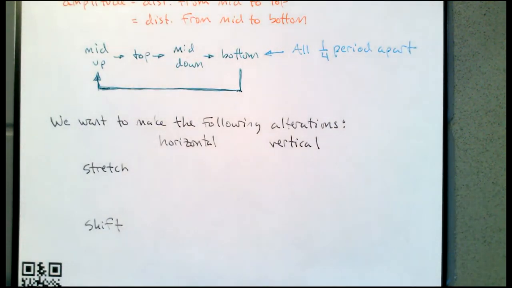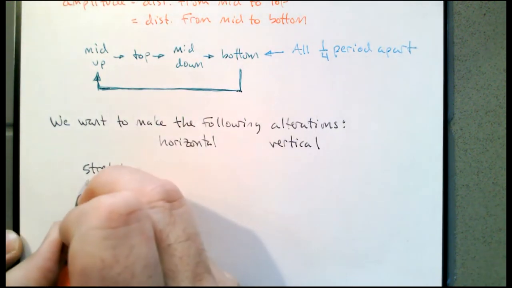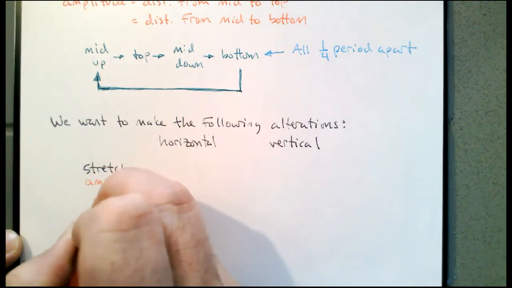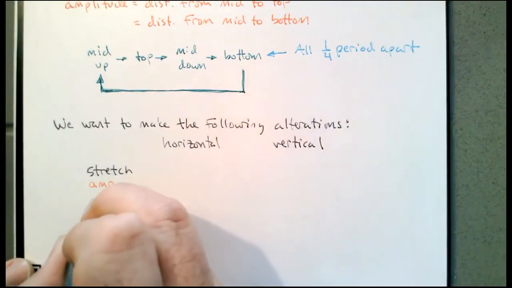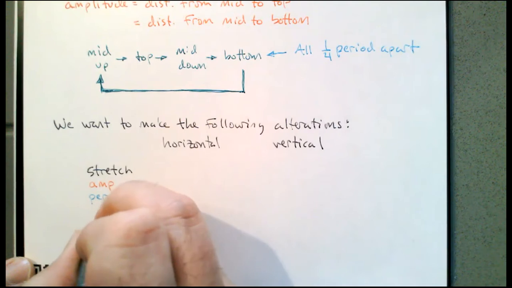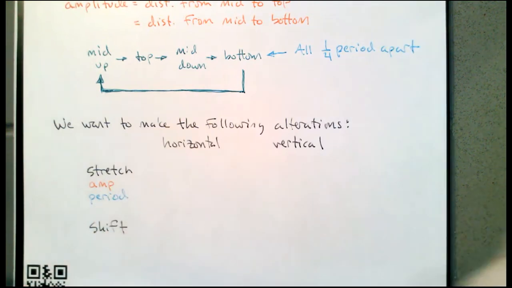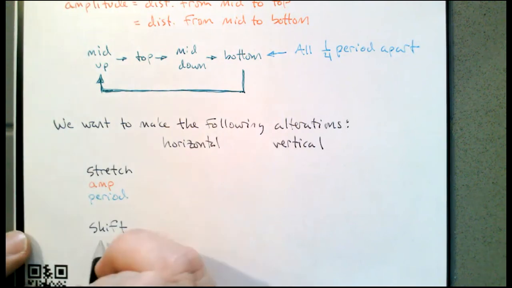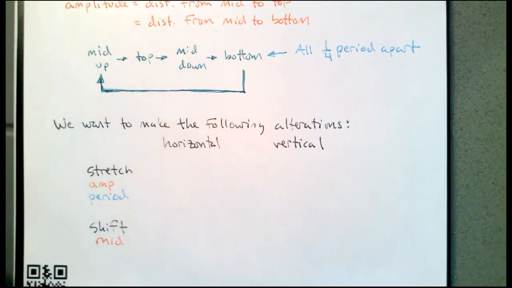When we stretch things, we're going to change the amplitude or the period. So the things that we're going to change with the stretch are the amplitude and the period. Things that we're going to change with a shift are the middle or the start.